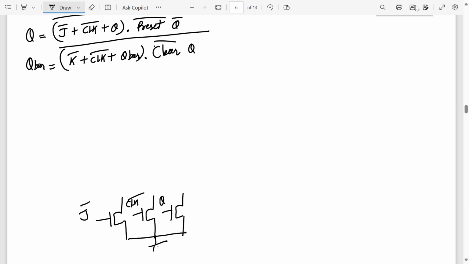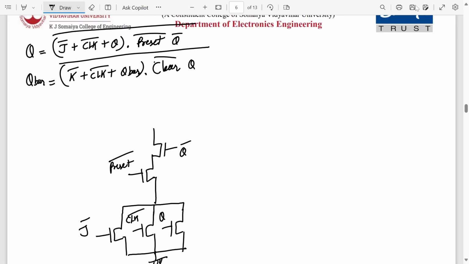Okay, and this will be connected to preset and Q. They both are in series. This is preset bar and this is Q bar, right? What will be the pull up network? This is the pull down network. The pull down network I have drawn a little smaller.